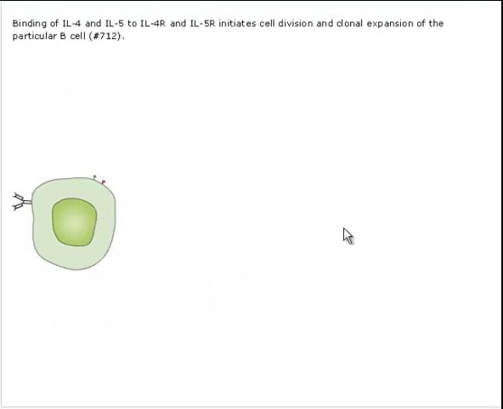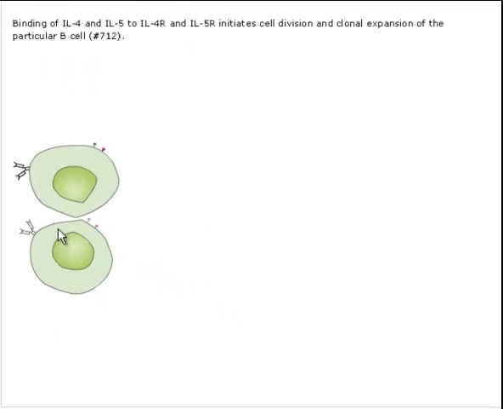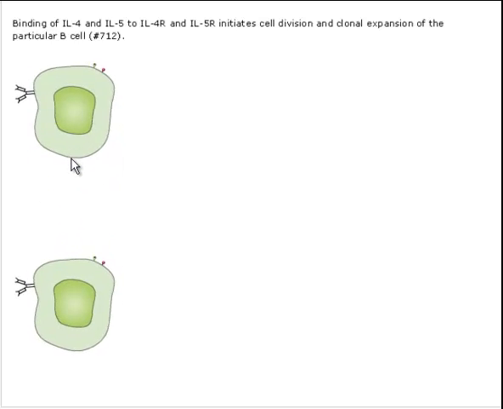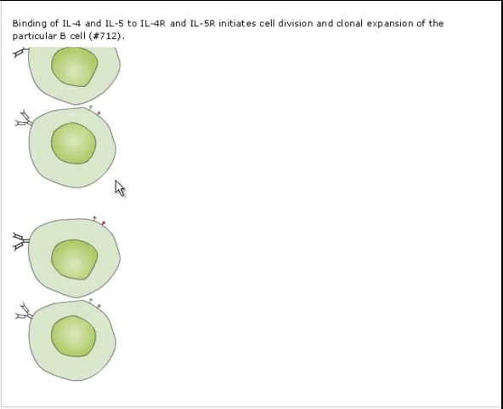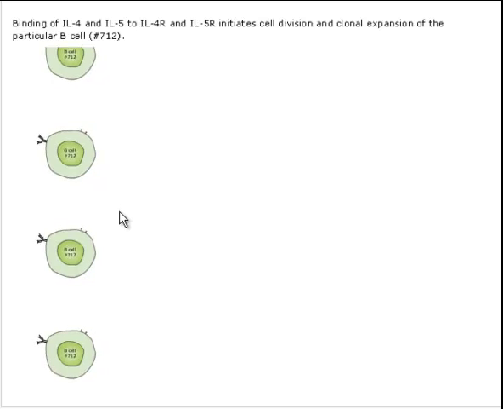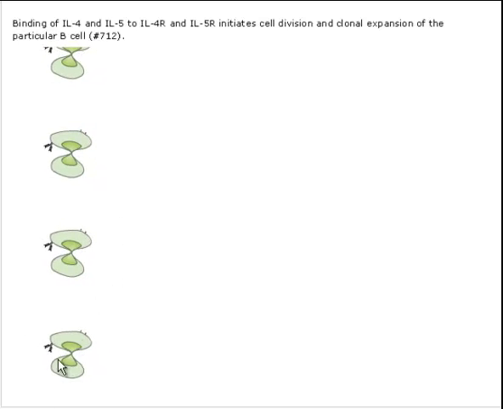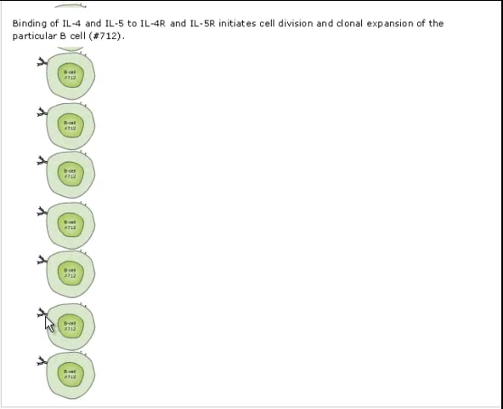So the binding of the IL-4 and IL-5 to the B cell causes the B cell to start to replicate itself and divide. So you get clonal expansion of this particular B cell that is producing antibodies that recognize the foreign invader. You start building up your platoon of B cells that are going to be able to fight off the infection for the specific bacteria that is infecting the cell.